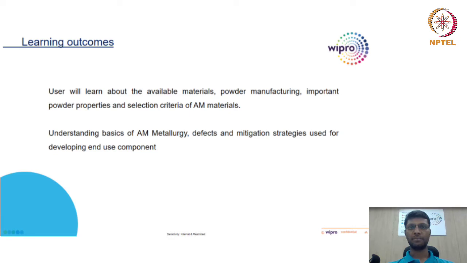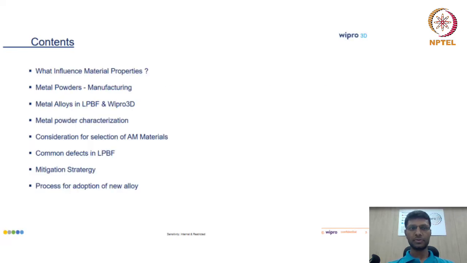We'll see what types of different defects we can observe in additive manufacturing and what we can do to avoid or mitigate these defects. So we'll see the strategies used for developing the 100% dense end use component. So this is the content for today's presentation.